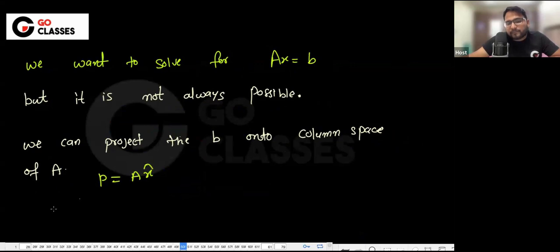The projection that we are looking for is basically A x cap. So instead of solving for b, I will be solving for A x cap. Basically, I will find the x cap such that instead of getting b, I get A x cap. So how to get this x cap? We get x cap using the normal equations.